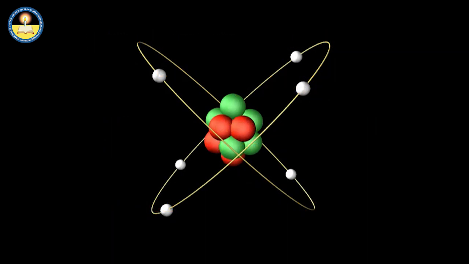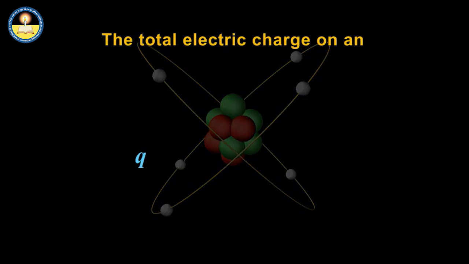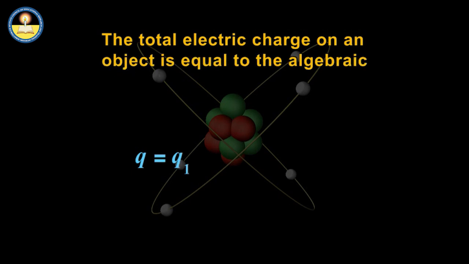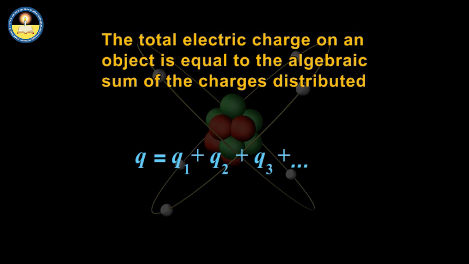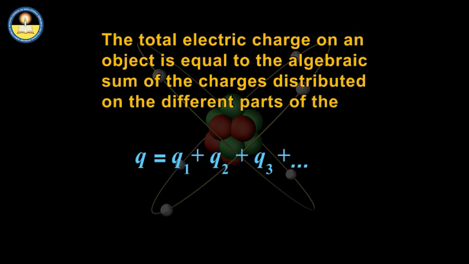Like mass, charges also have additive property, according to which the total electric charge on an object is equal to the algebraic sum of the charges distributed on the different parts of the object, where Q1, Q2, Q3 and so on are the electric charges on different parts of the object.